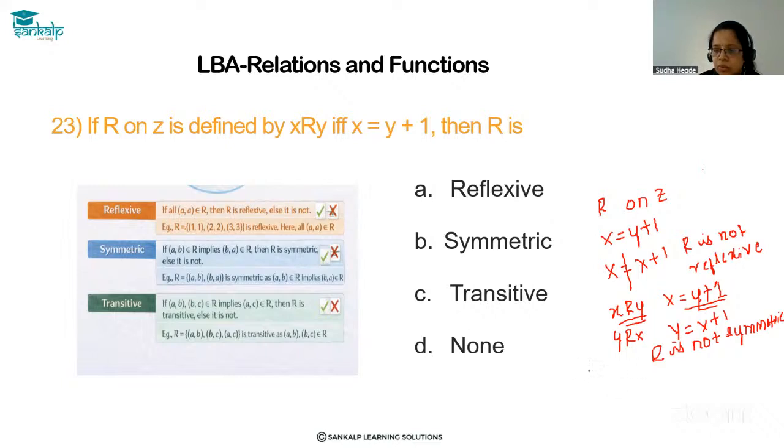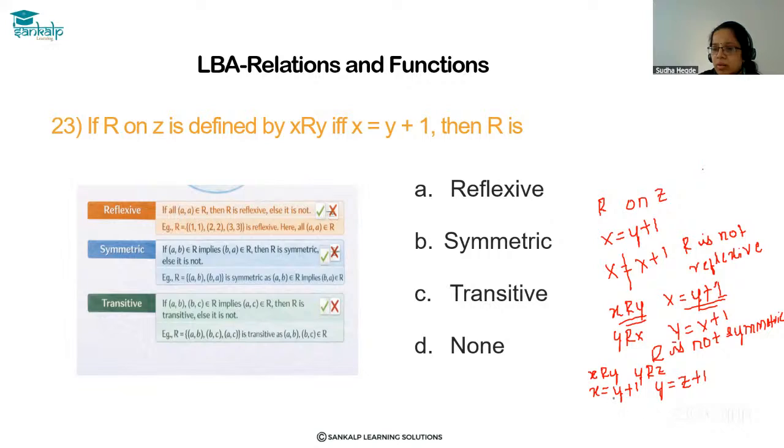Correct? R is not symmetric. Now you take x R y and y R z. What do you mean by x R y? x is equal to y plus 1. What do you mean by y R z? y is equal to z plus 1.